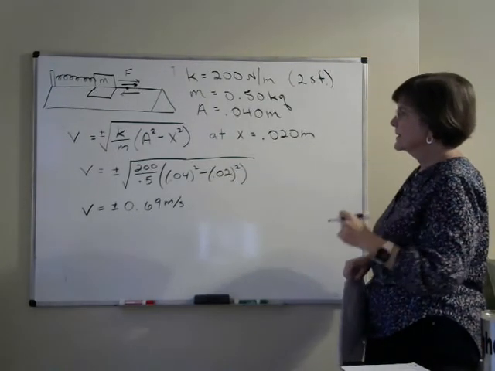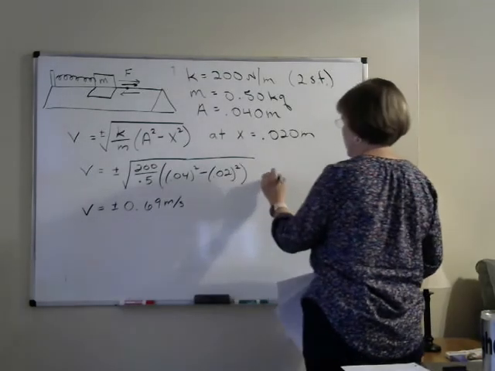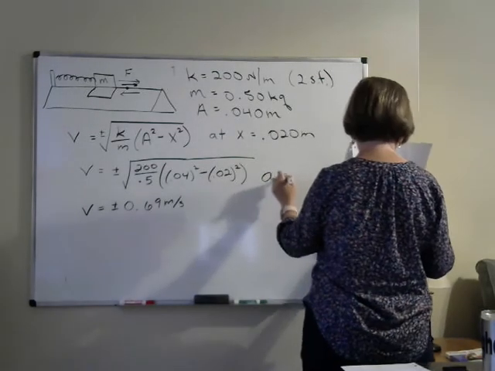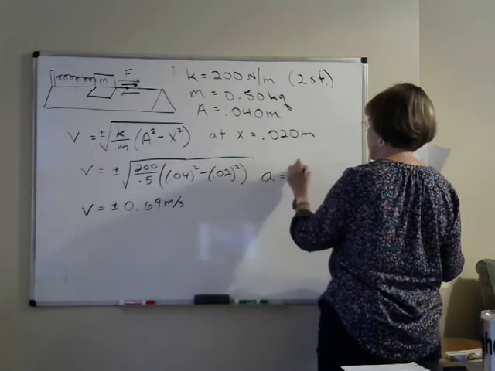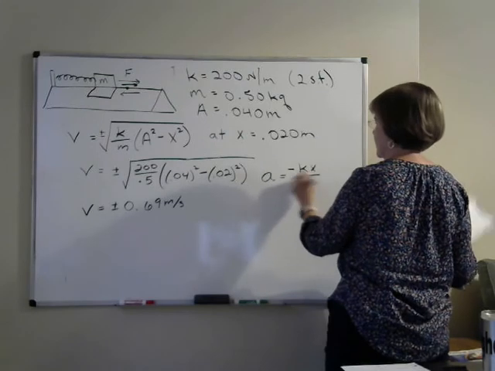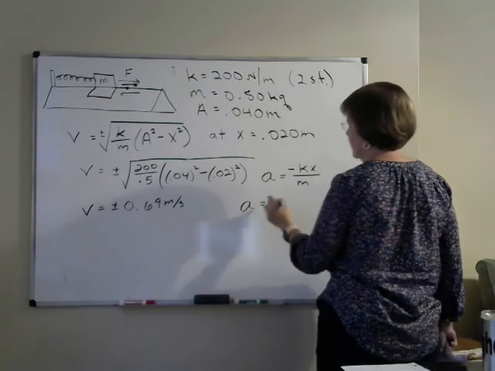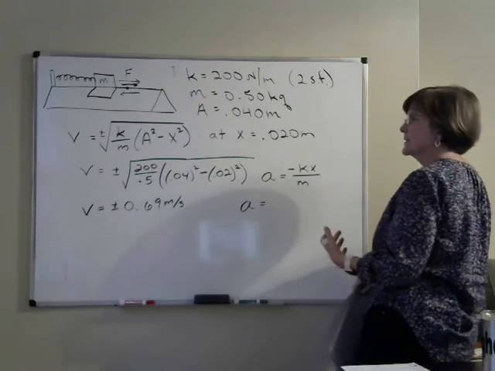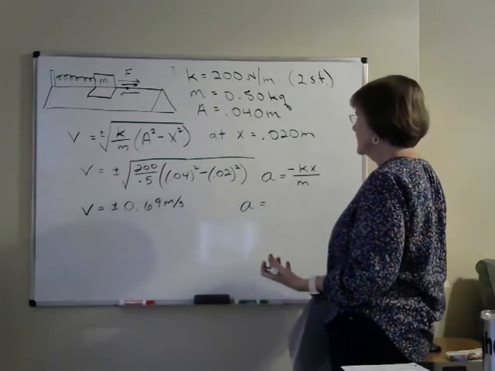Okay. The acceleration at that point is pretty easy. We said acceleration came out to be negative kx over m. And again, it will be both directions, no, that's not true. It will always be opposite the direction of the displacement.